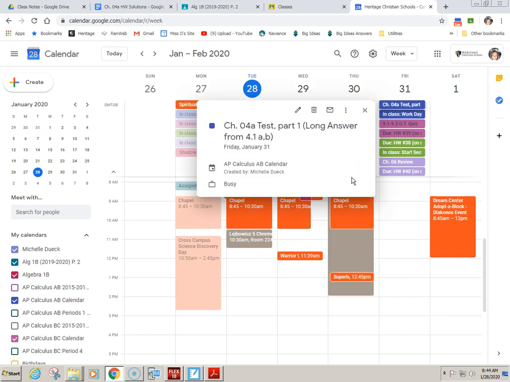Friday, we're going to have the first part of the test, which sounds weird, but the first part has very little to do with the fundamental theorem of calculus and antiderivatives and areas and Riemann sums. The very first part of the test is a motion word problem or 2, which has a good number of points. You can study the 4.1b for that part of the test. And then next week will be the rest of the test.